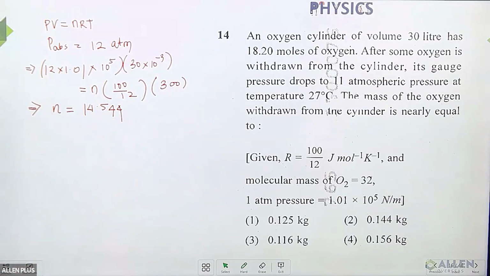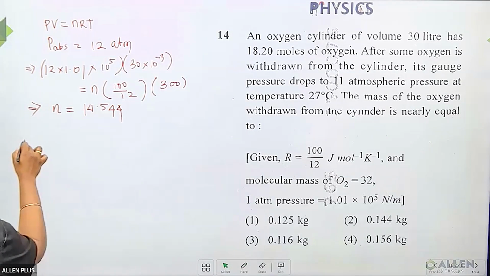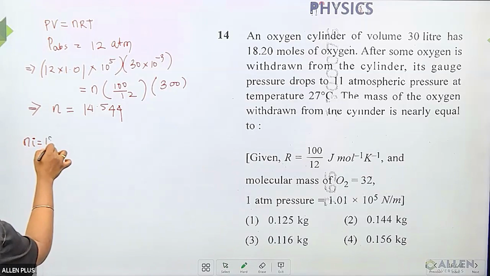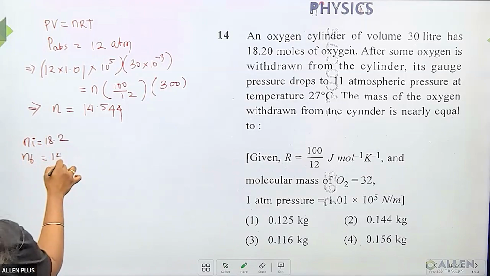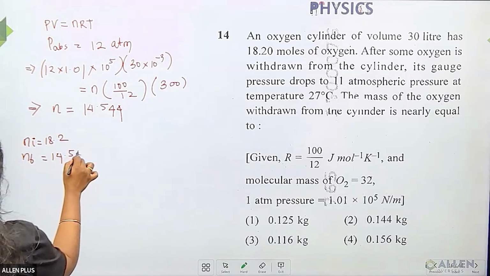Now, they have given the number of moles which was already present as 18.20. So the initial mole value is equal to 18.2, and the final value will be equal to 14.54.